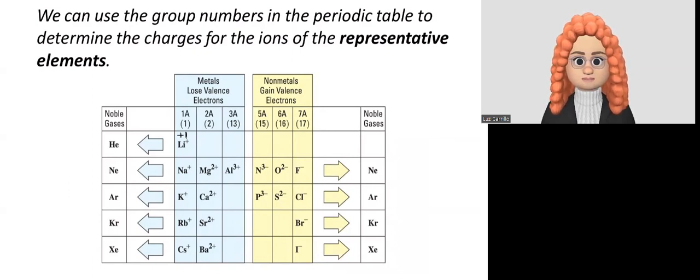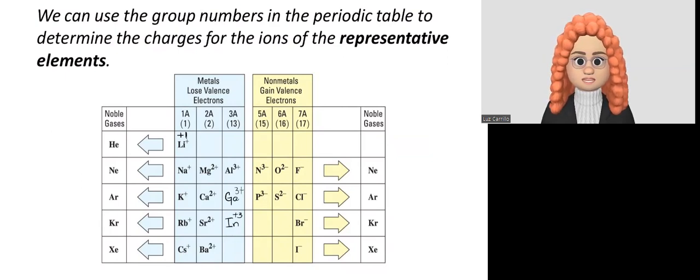In group 3A, aluminum, and let me just include 2 more that are not illustrated here, gallium and indium, are also elements that are going to have a +3 charge or 3+ charge because of where they are in the periodic table.